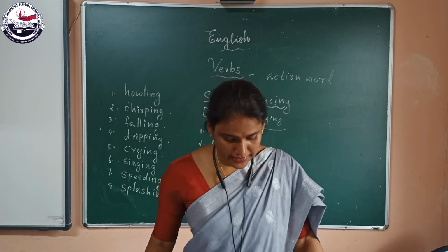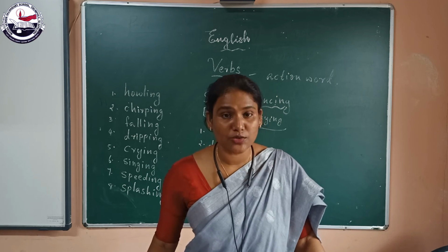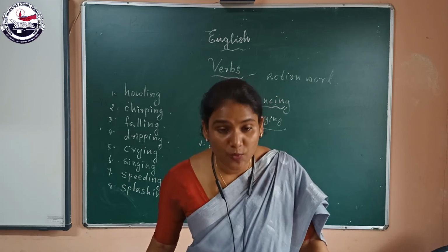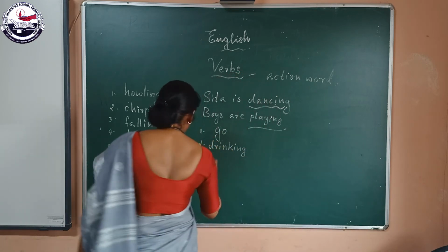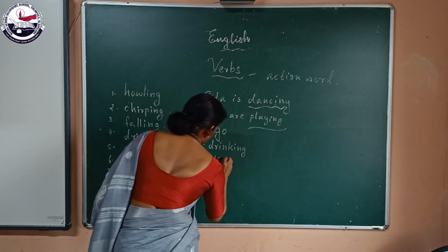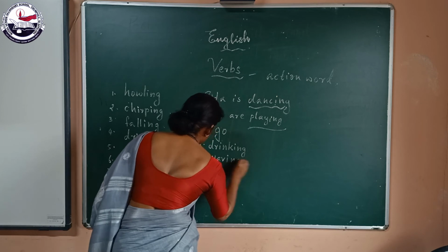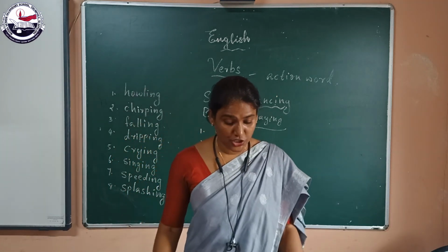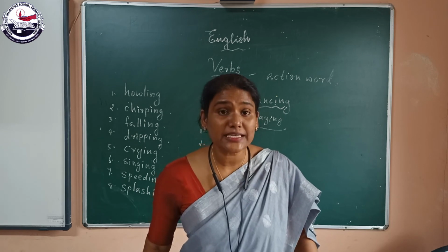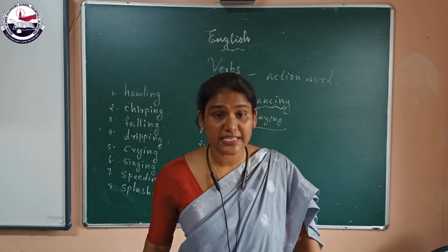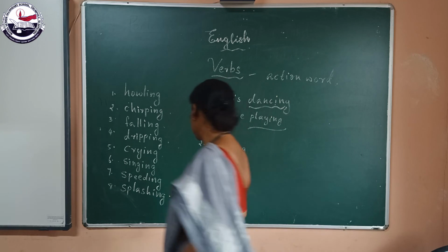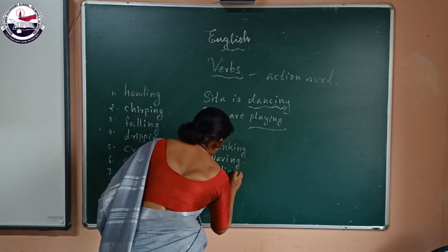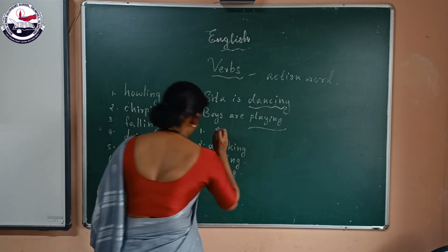I am dash to my friends in the school bus. Answer, I am waving, W-A-V-I-N-G, waving. Question number 4, the ship is dash on the sea. The ship is sailing on the sea.